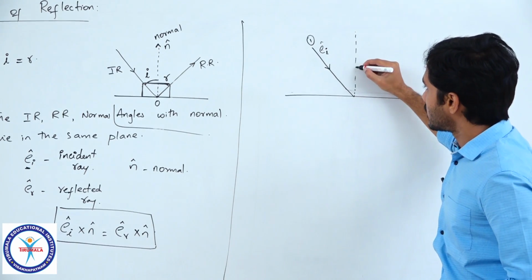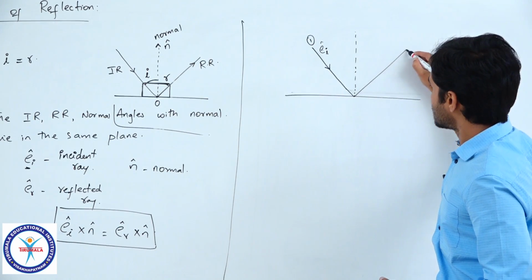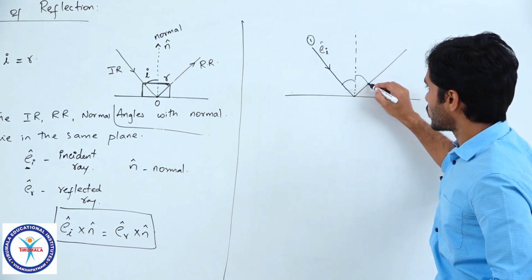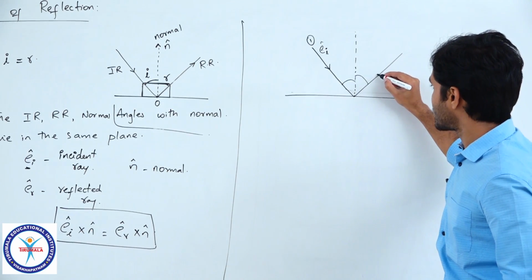You know that the reflected ray also has the same angle. If this is theta, this is also theta, and this will also have a magnitude of 1 if I consider this also as a unit vector.